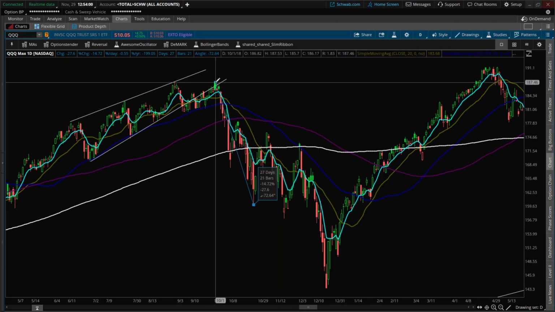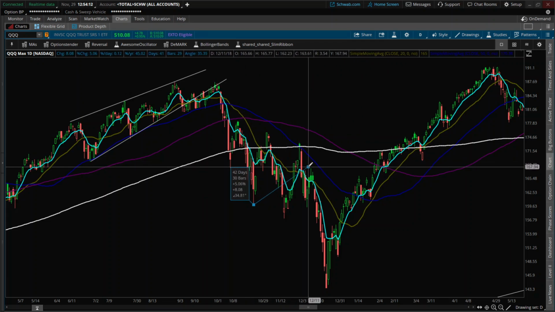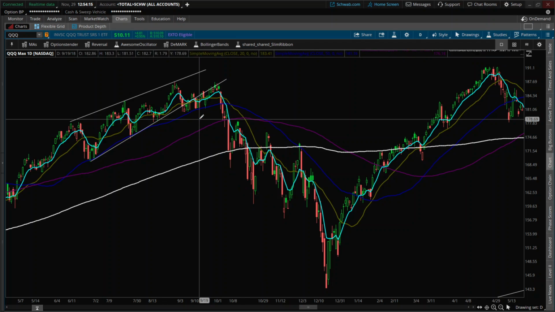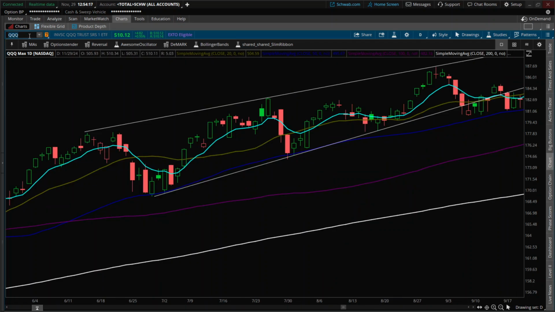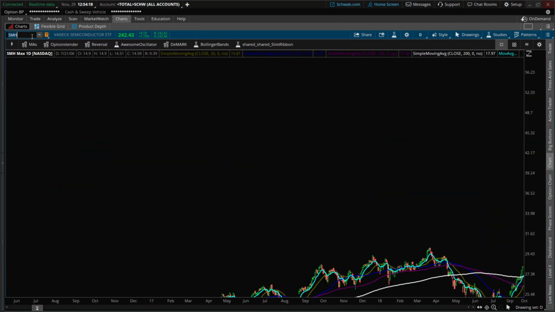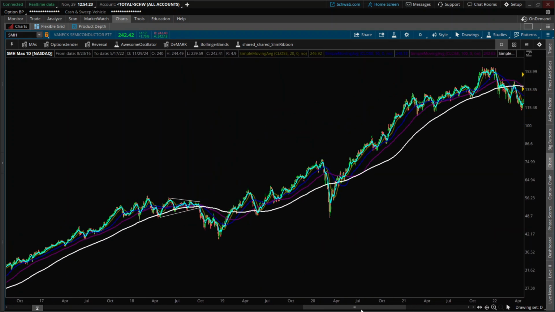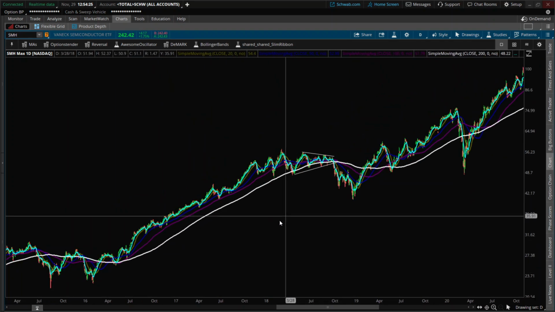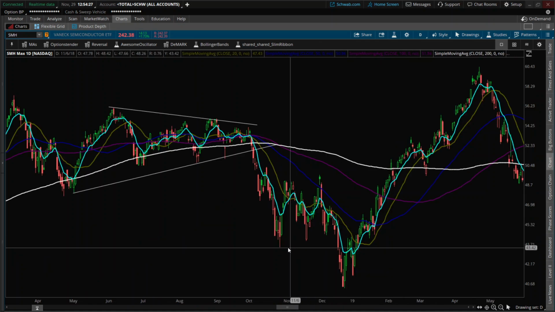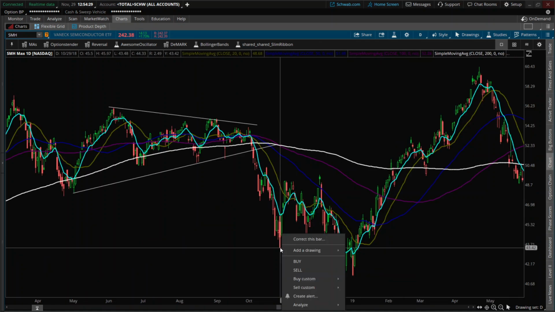Qs from the October high there, 27 days, almost 15% in less than a month. That's how violent a move is. And this was the first move. The second move was much more violent. So when this happens, it's going to happen quick. It's going to happen sharp. SMH to this low here.